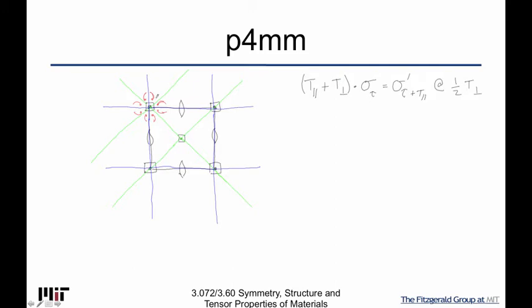And you can see that with the motif right here, reflected across that plane, and vice versa this way.